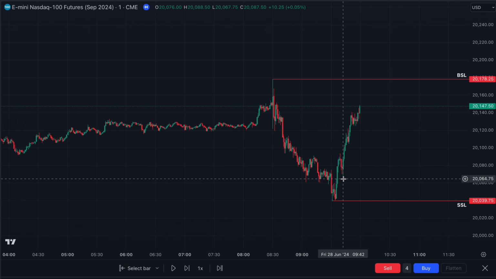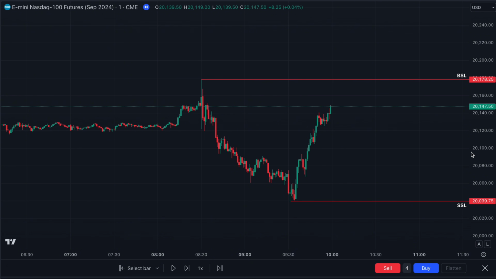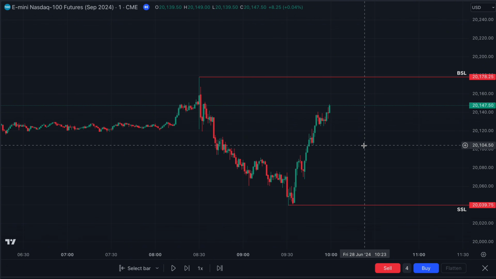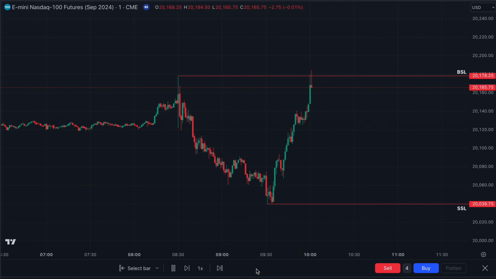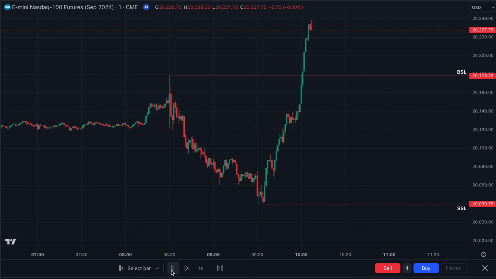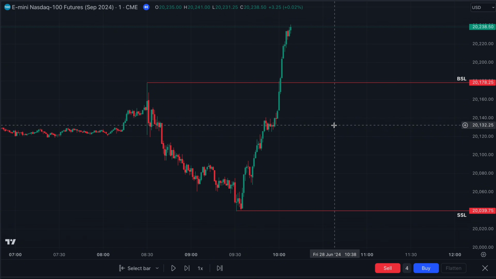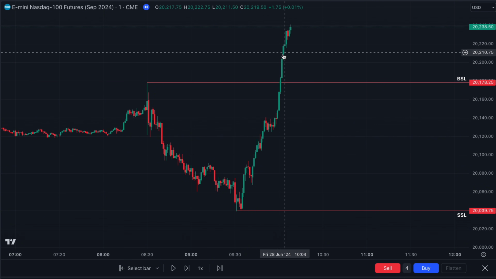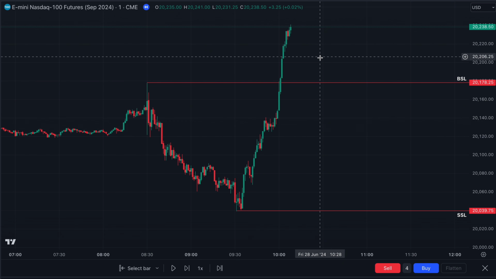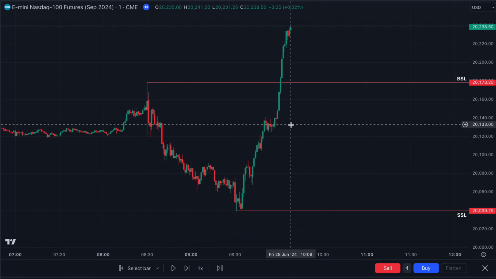Very simple, we didn't take it, and we waited for the 950 1010 macro to see what we would get. So let's fast forward price and see if it actually offered us a clean setup or not. So as you can see, price came up to buy side and just kept running. So it didn't actually give us an entry or a clean setup at all inside of the 950 1010 macro.